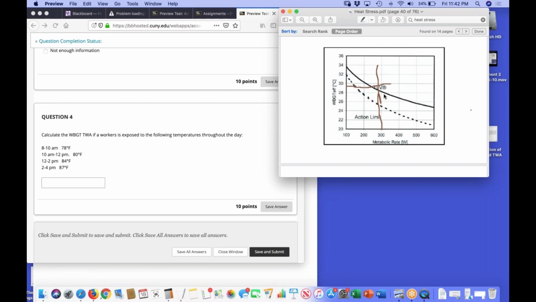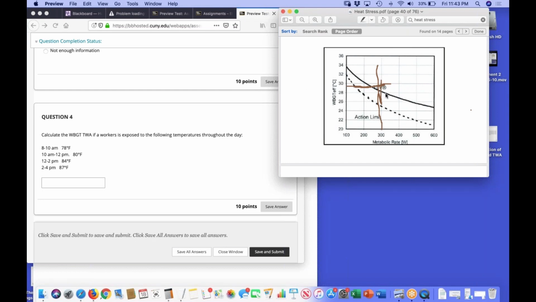So it would appear we would be over here, and this would be about over here. It appears that we're above the TLV. So we would say in answer to that question that we are above the action level and TLV.